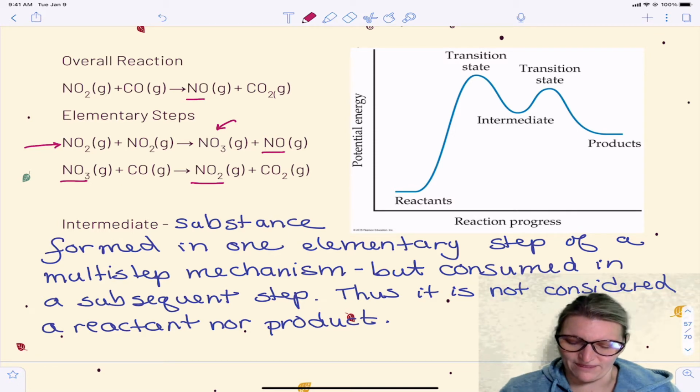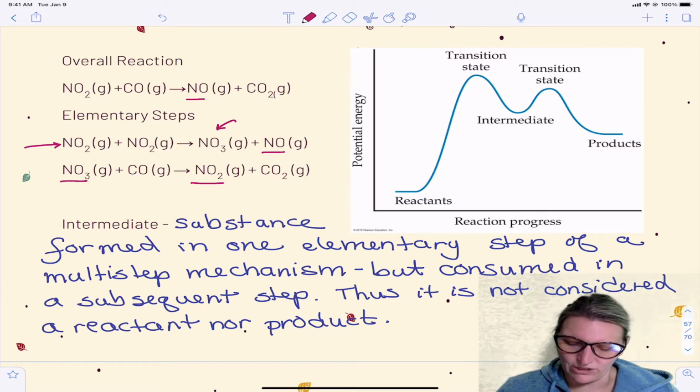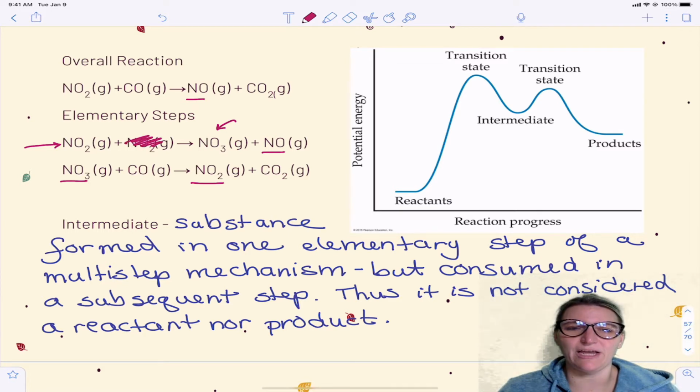If you look at this, you can see how it does add up to be that overall reaction. One of the nitrogen dioxide molecules that's consumed in the first step is reproduced in the second step. So it's very similar to adding mathematical equations, where if it's on the reactant side and the product side, you can cancel it out.